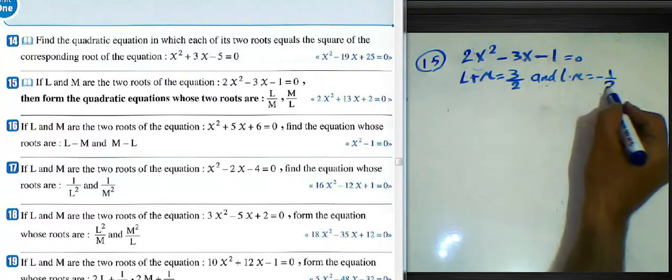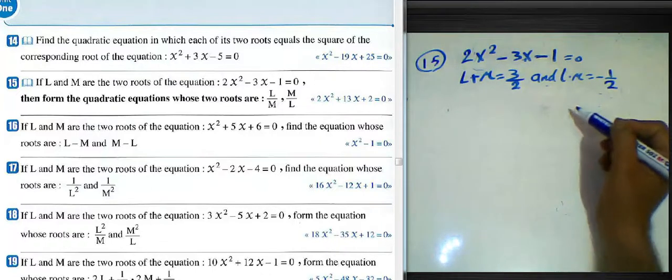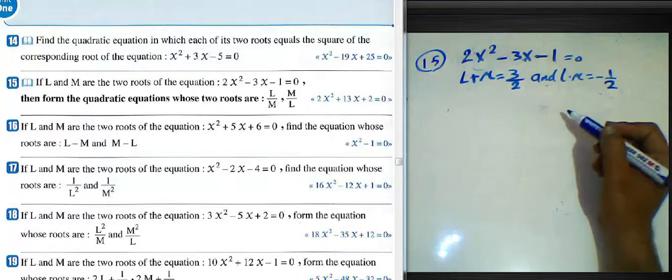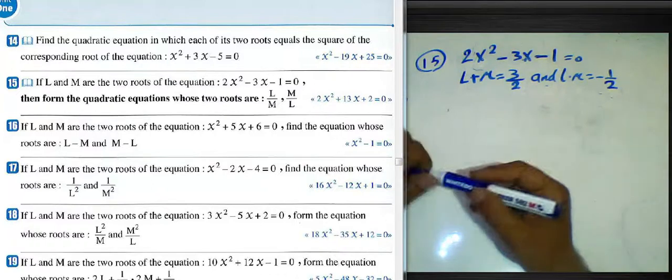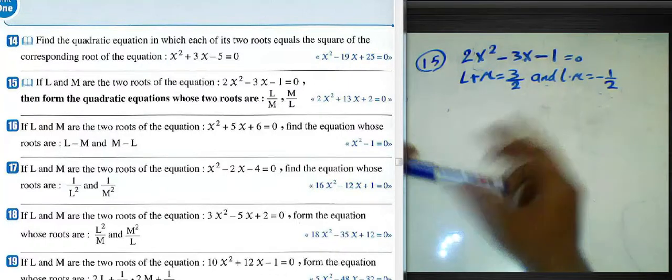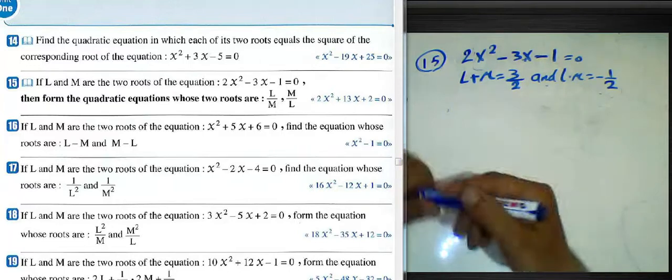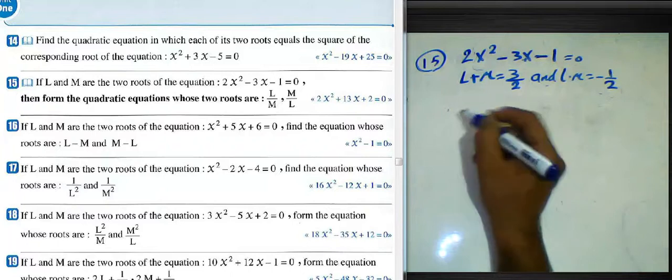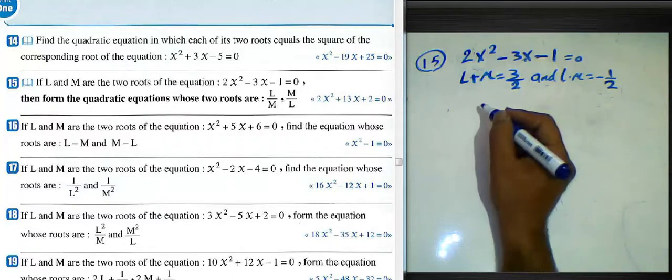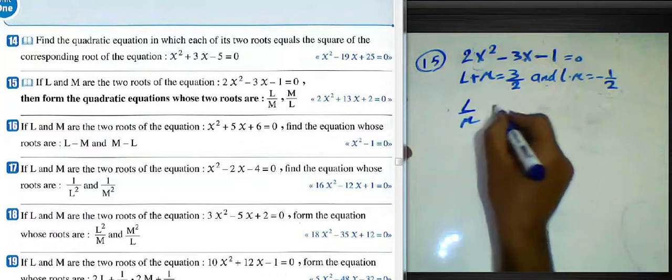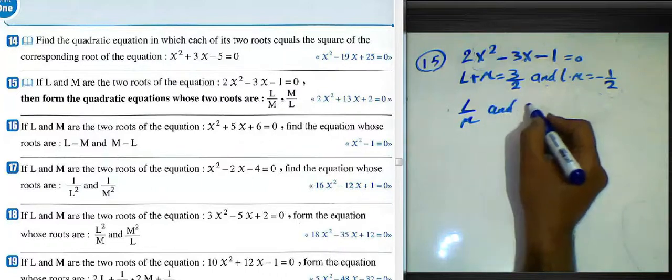You want to find or form the quadratic equation whose two roots are L over M and M over L. You want to find a new equation which has two roots L over M and M over L.